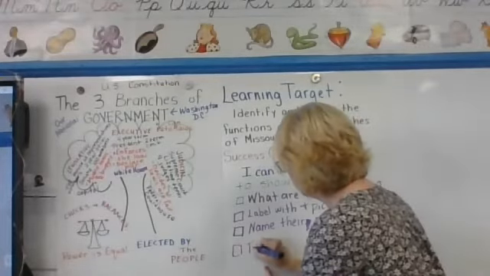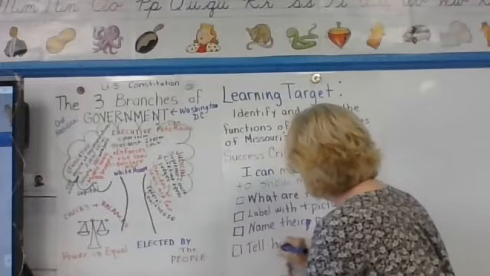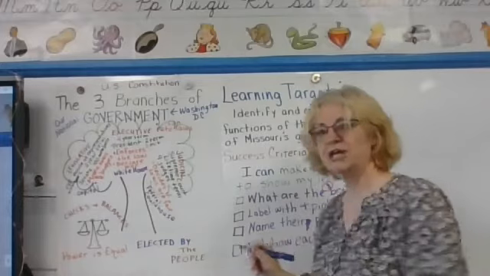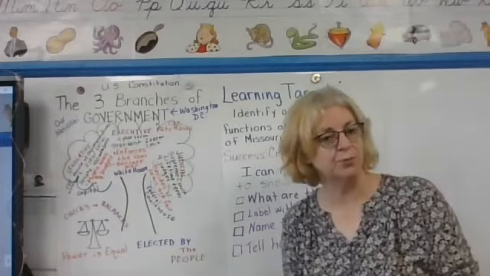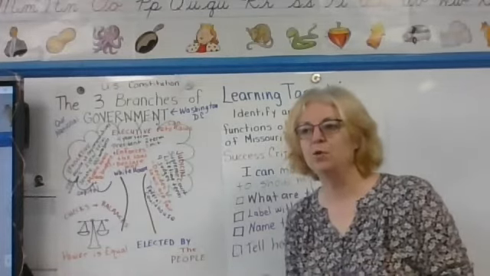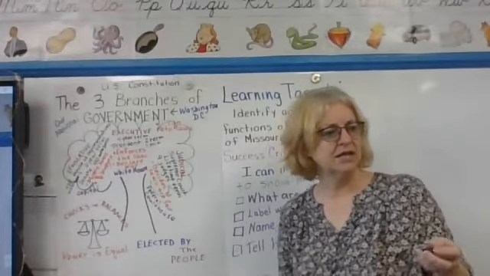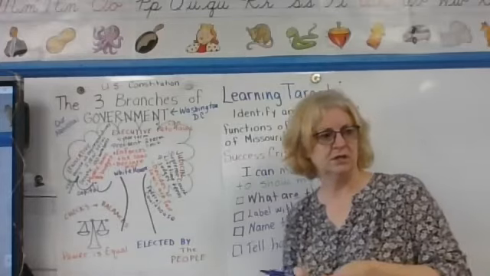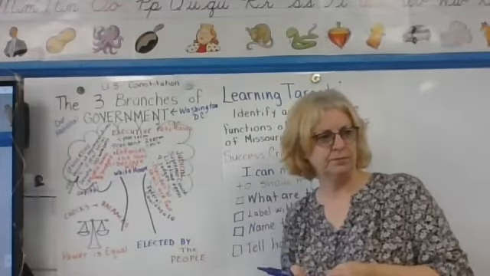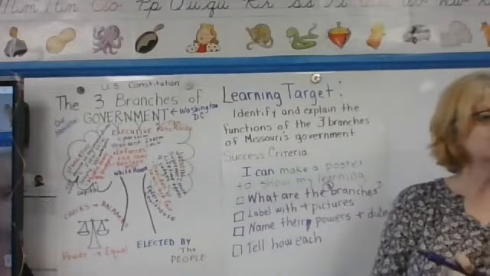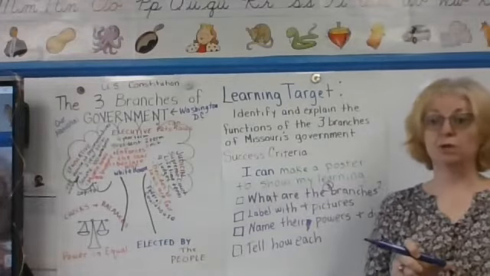So tell how each branch checks or balances with the other branch, because we know that what's one of the powers that the executive branch has? Yes, Audrey. Not to change laws. Yes. To veto a law.